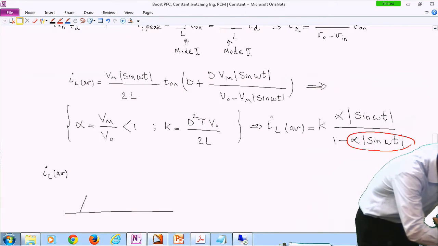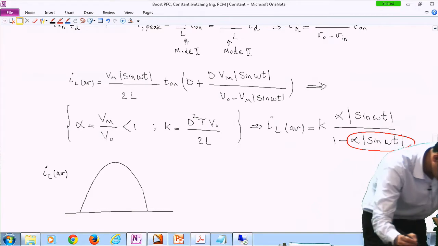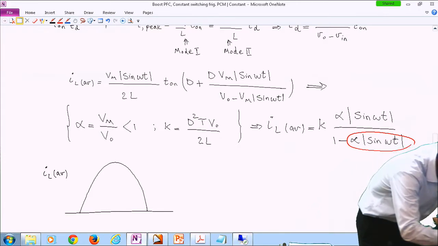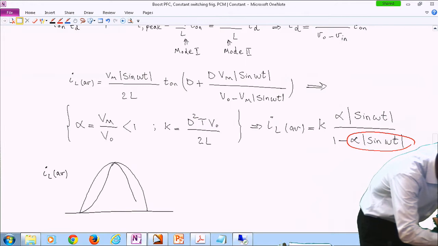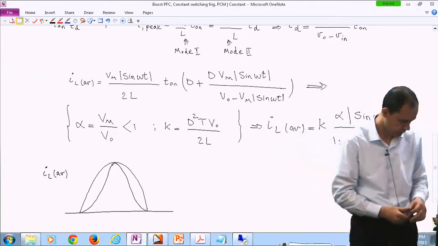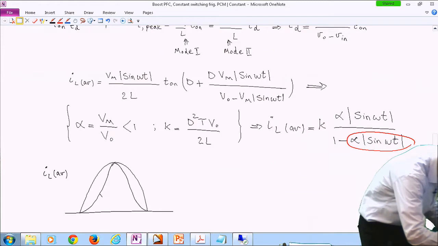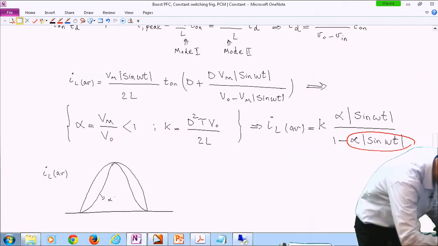So if this is an ideal sine function, if I plot what I have on the screen, it is going to look something like that. That's what we saw in the simulation. So this is, for instance, alpha is large. Let me say alpha is 0.9.